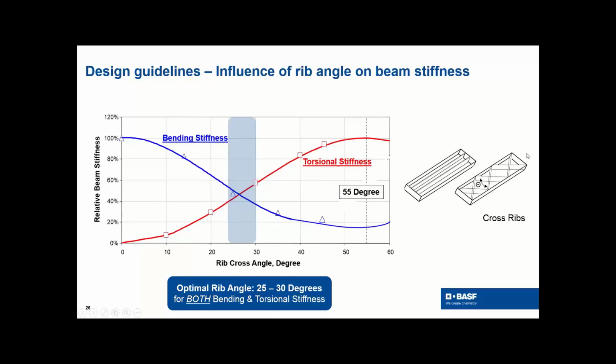If you're going to be in pure torsion, the part's only going to see torsion, then basically the best case is probably 55-ish, in this area, between 50 and 55, or 50 and 60, that would be that angle. But most parts, if you're going to see torsion, you're going to see bending as well. So ideally, for most parts, you're going to shoot for an angle of 25 to 30 degrees.